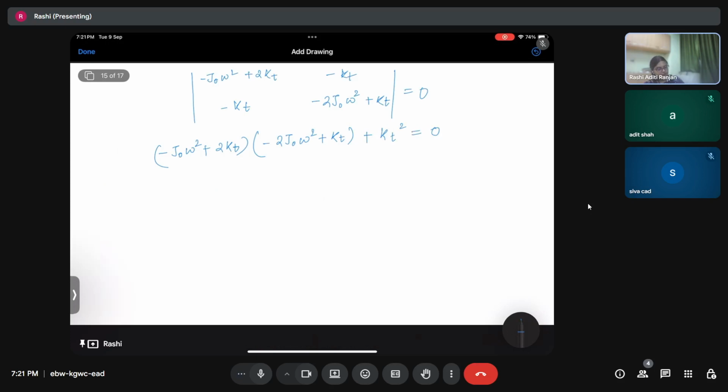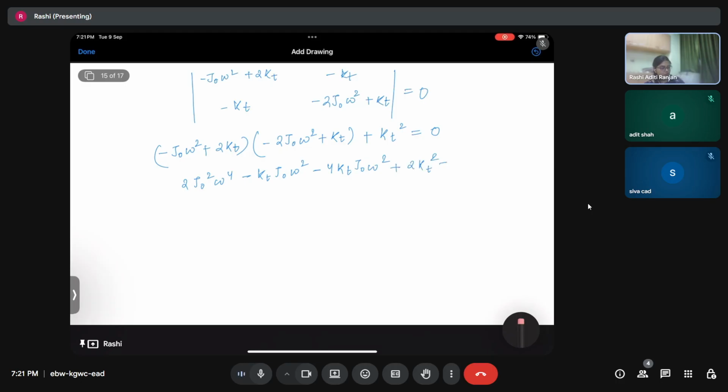This will give twice of J naught square omega to the power 4 minus kt J naught omega square minus 4 kt J naught omega square plus twice of kt square.